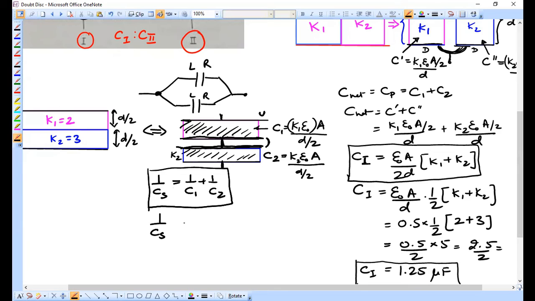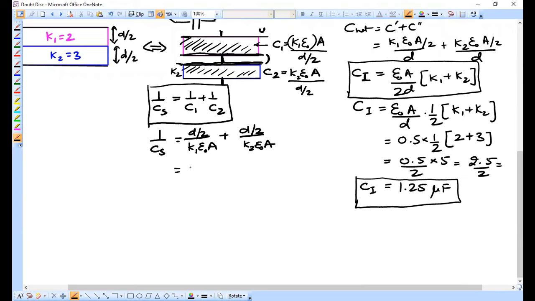We are reciprocating that, it will become d by 2 times k1 epsilon naught A, and 1 upon C2, when I reciprocate it, will become d by 2 k2 epsilon naught A. Rearranging these terms, you can write it as d by 2 k1 epsilon naught A plus d by 2 k2 epsilon naught A. Now for 1 upon CS, whatever is common, I'm going to take outside.